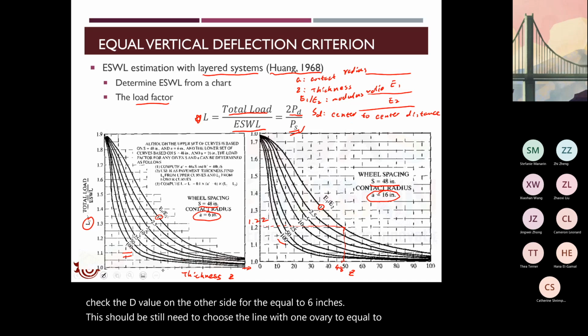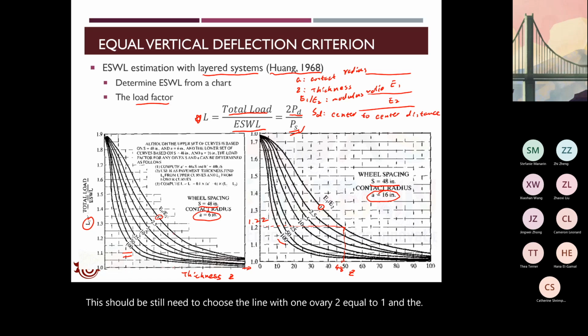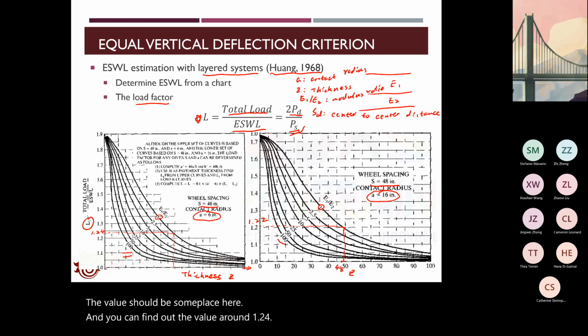And the value should be someplace here, and you can find the value around 1.24. So this is L1 and this is L2.